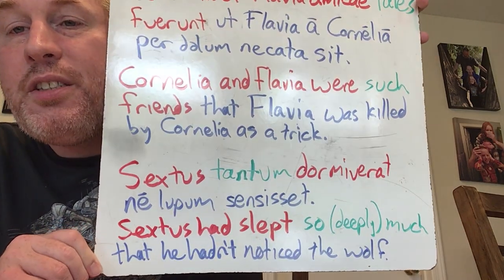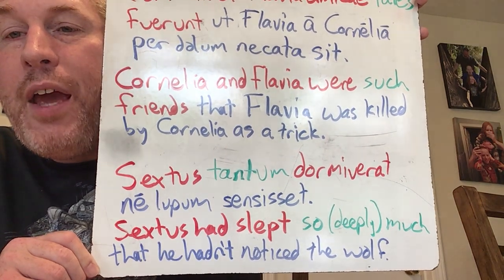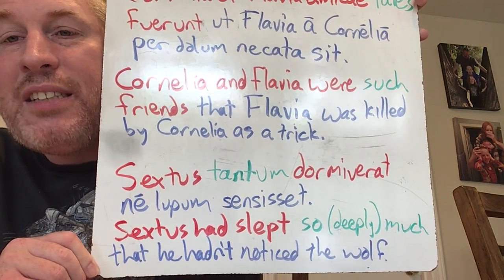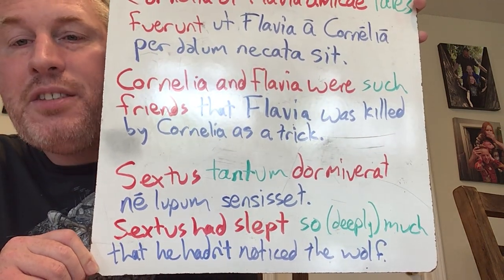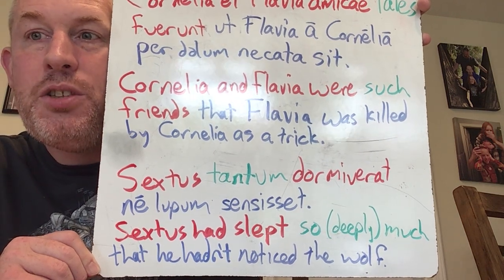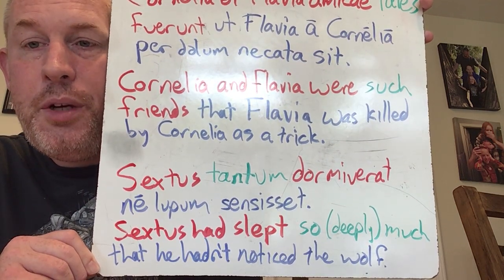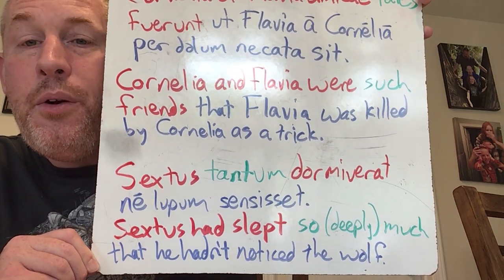The next one: Sextus tantum dormiverat, ne lupum sensisset. It's all backwards for me, so forgive me. Sextus had slept so much, and I'm going to take that to mean so deeply, and notice that's a degree word, that he had not noticed the wolf.